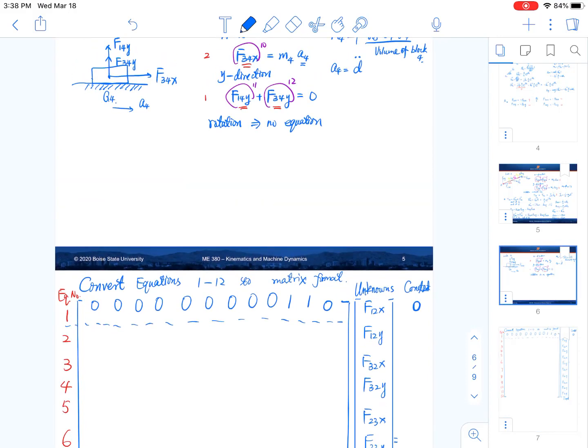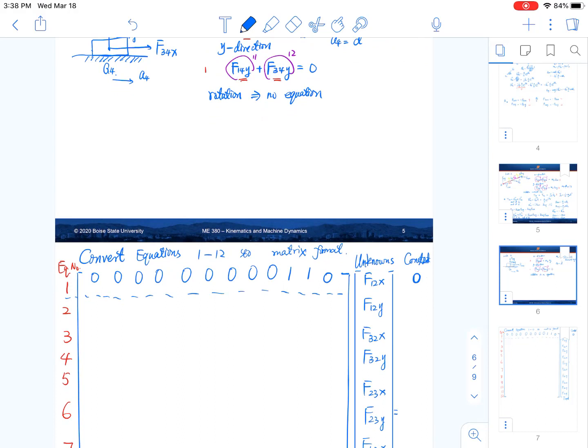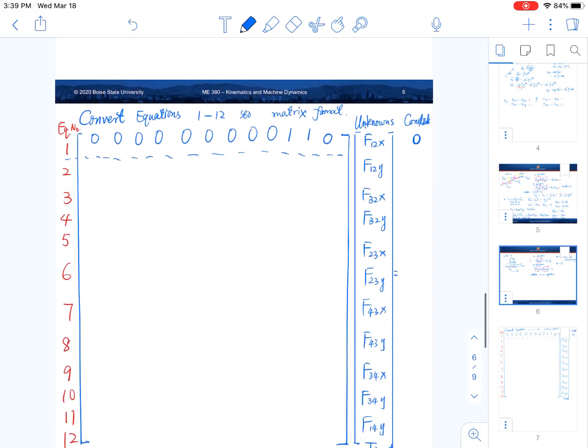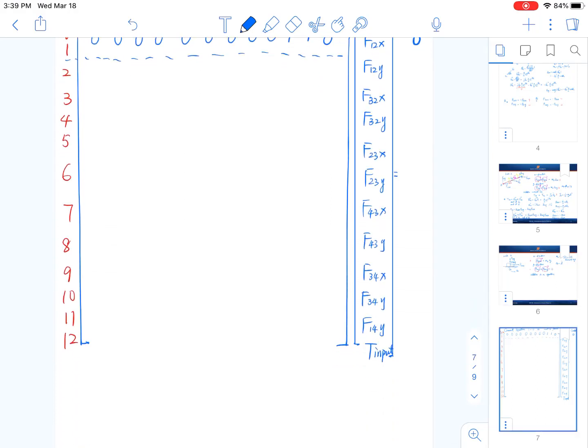In this case, we only have two terms for equation 1. So the coefficients for F1y and F3y are 1. All the other coefficients are 0. So you find F14y and F34y. These two are the 10th and 11th unknowns.